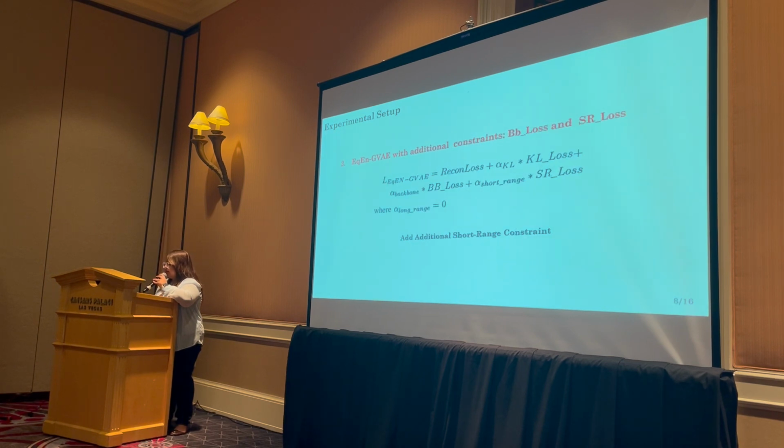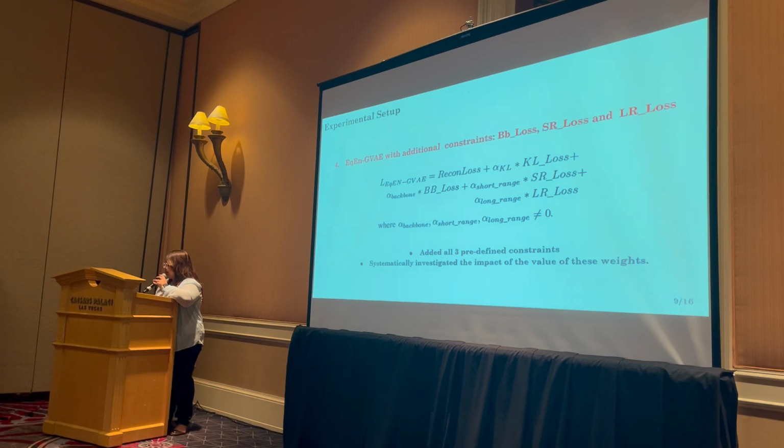In our next setup, we additionally add the short range constraint on top of the backbone one. And later, in the final experimental setup, we have added all of our 3 predefined constraints. As you can see, these parameters, alpha backbone, alpha short range, and alpha long range, are all hyperparameters.